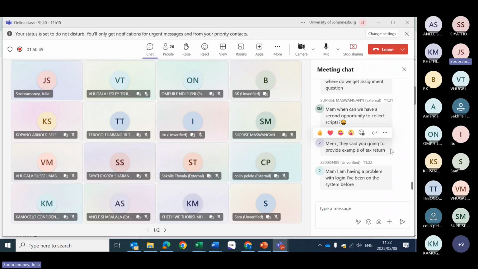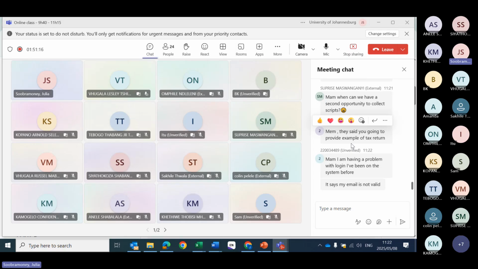If you're having a problem with login, just make sure you're number one using the Chrome browser, and number two, your credentials are correct, that you are using your email with your student number @student, and that you remember your password. So just go register again. If you're already registered, then it must probably be a password scenario.